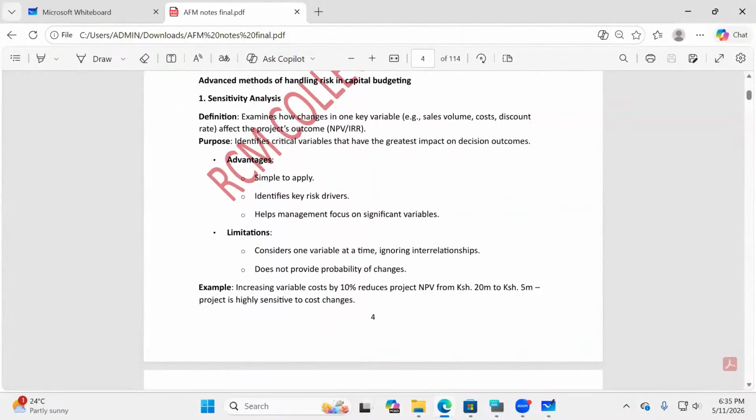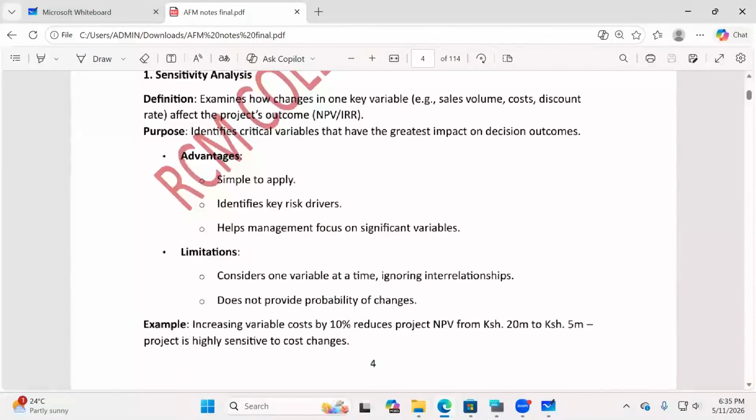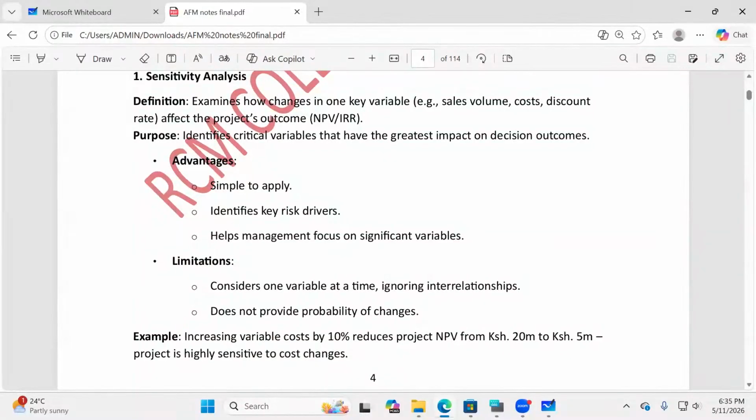Your syllabus wants us to look at sensitivity analysis. Sensitivity analysis is the first method which your examiner wants us to look at. So what is sensitivity? How sensitive is a project towards changes of certain variables?